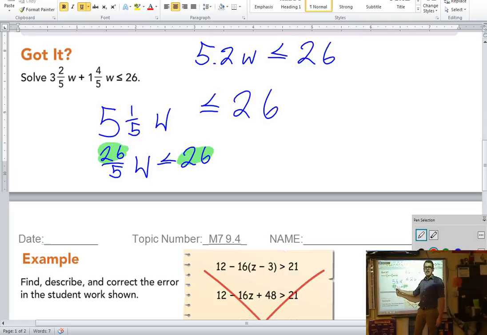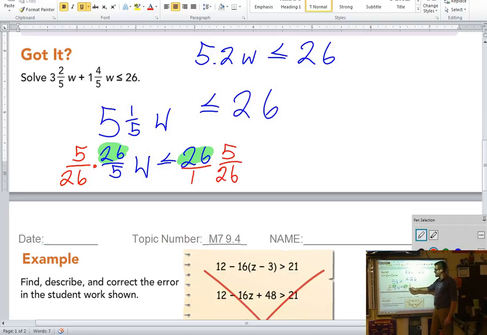When we go to cancel out a fraction, how do I destroy or cancel out a fraction? I can multiply by its reciprocal or its inverse. So we have 5 over 26. Over here, this can go over 1. I can do 5 over 26. What's going to happen to these 26s? They cancel, and we get W is less than or equal to 5.